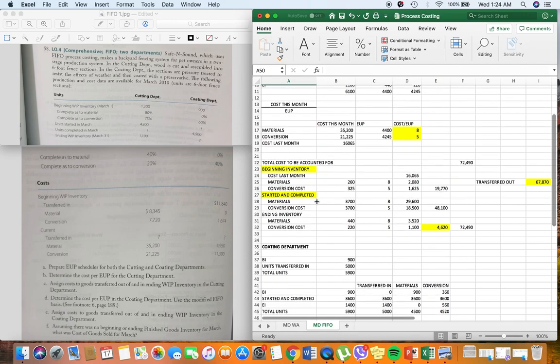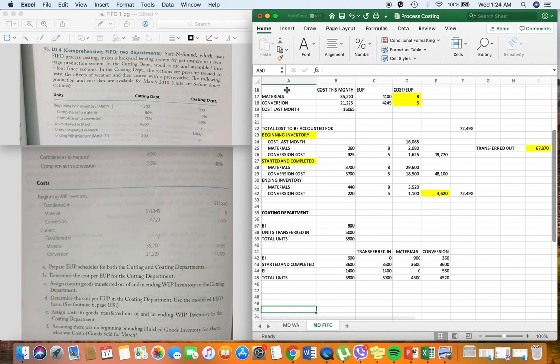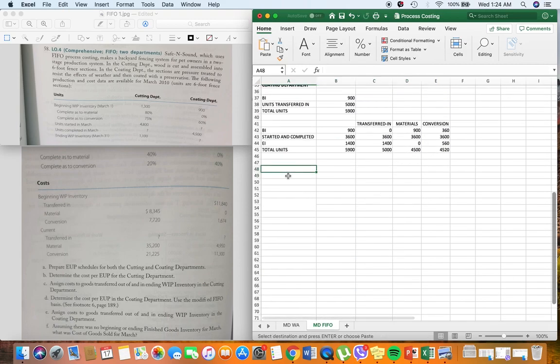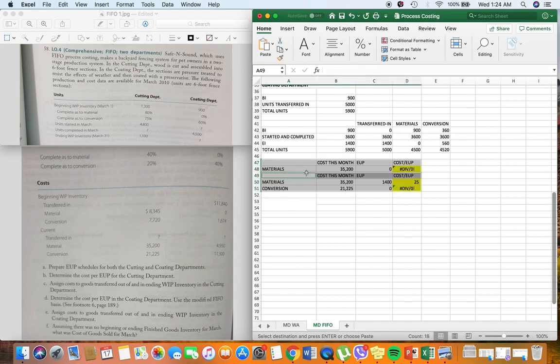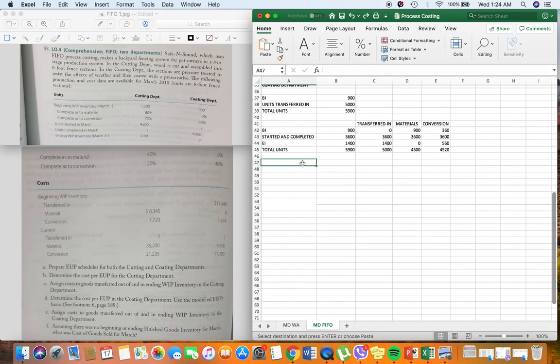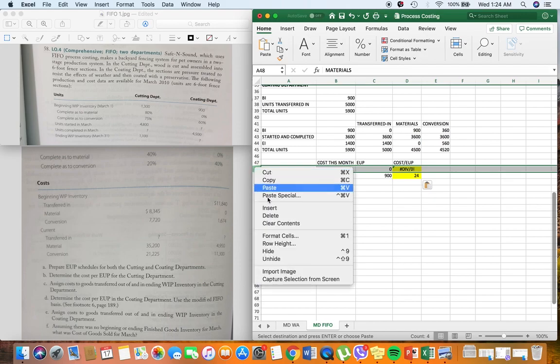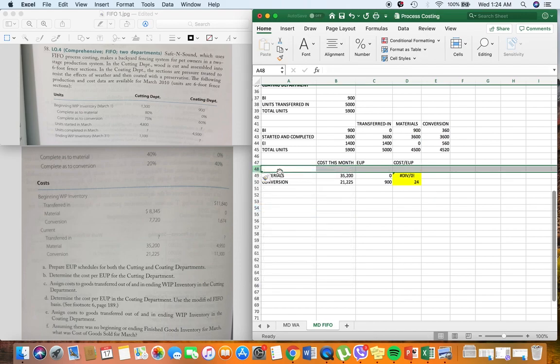Next we go to our cost per EUP computation. I will just get this so it is faster. So we have the following. For materials and conversion, of course, we have to insert another row for the transferred in cost.